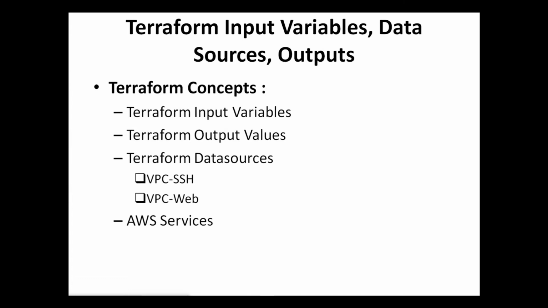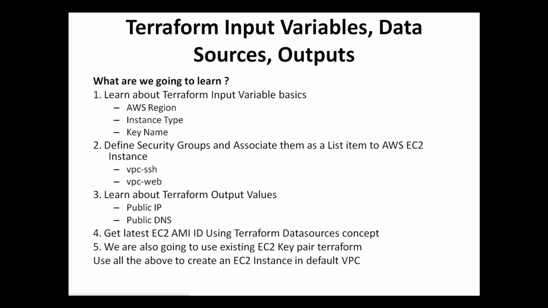Primarily we are going to define three input variables: AWS region, instance type, and key name, of type string. Next, we are going to define two resources of type security group: VPC-SSH and VPC-web. In addition, we are going to define two output values: public IP and public DNS.